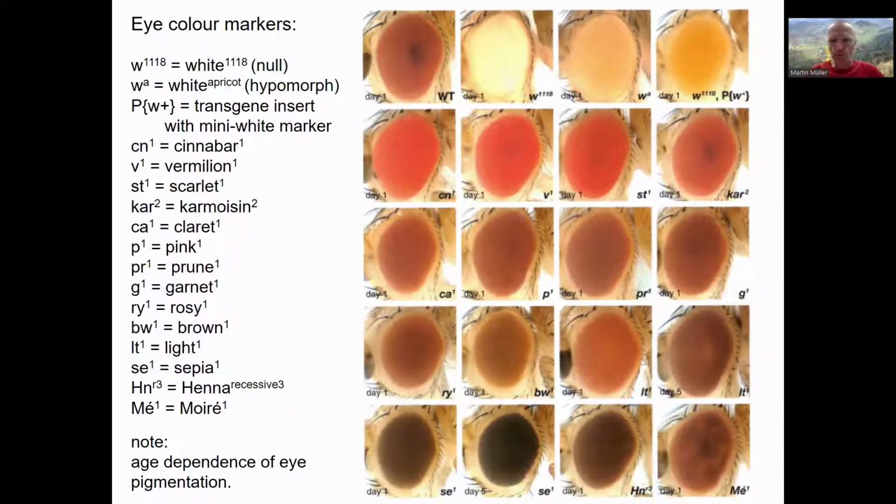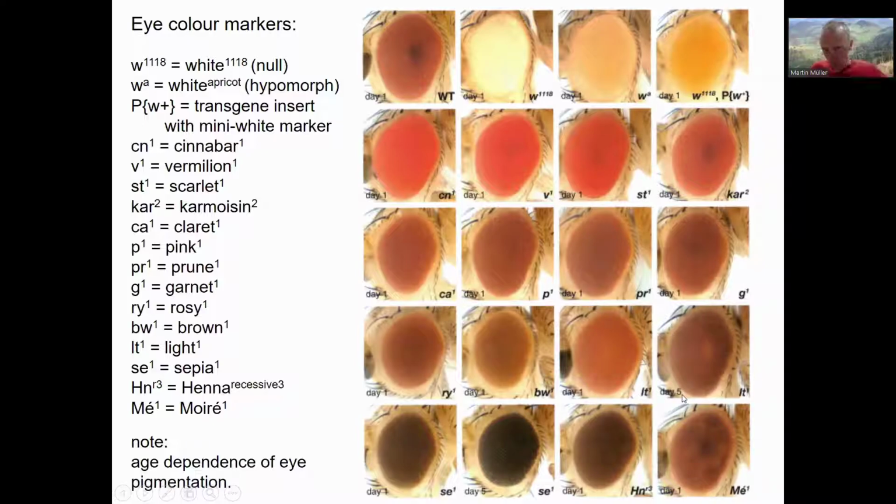But anyway, the last point I wanted to make here is if you compare here the light allele, there are two pictures. One says day 1, day 5. And this means that this fly here was 1 day old. This fly here was 5 days old.